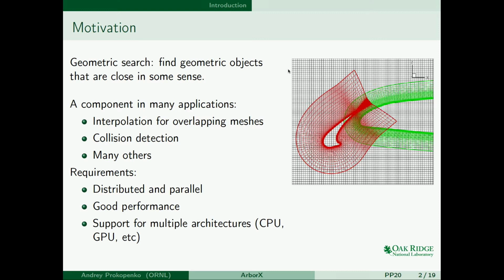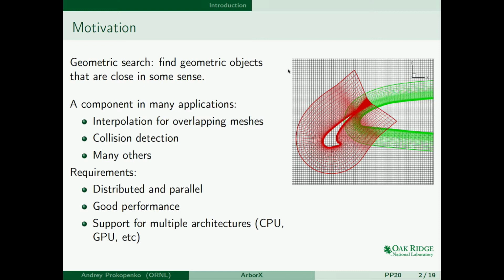One of them comes from wind technology, where you have multiple moving meshes, and at each time point, you have to interpolate some data from one mesh to another. To do that, you need to understand which cells of one mesh overlap with cells of the other mesh. And this is a way to do that. But it's also used in many other applications. I'm not going to go into detail.